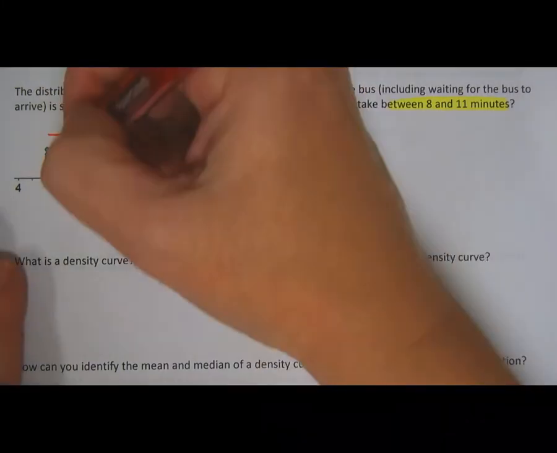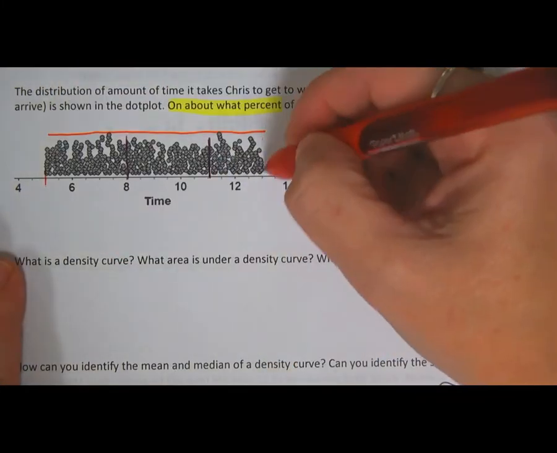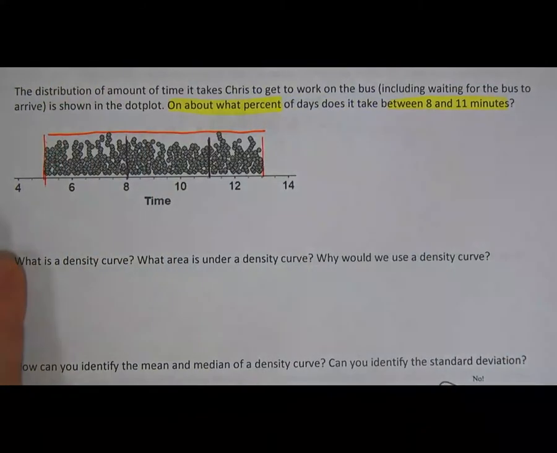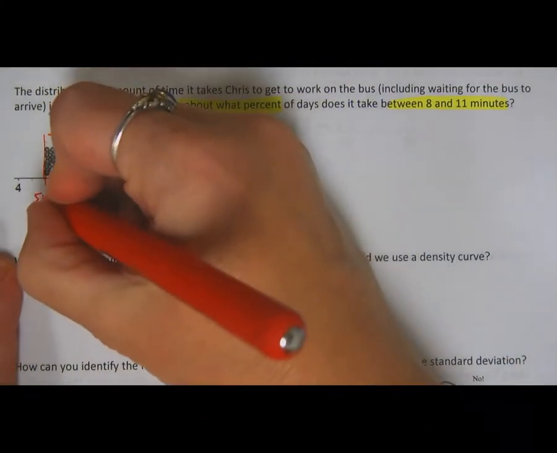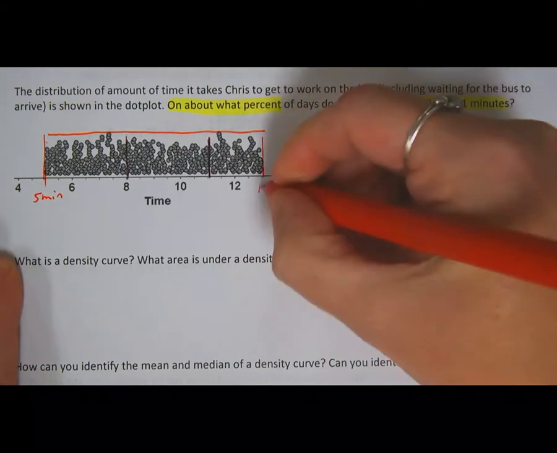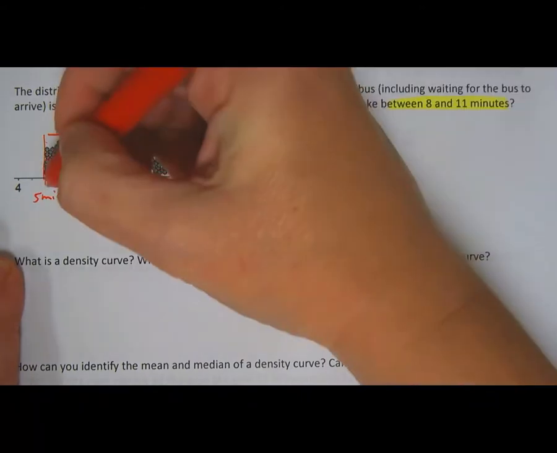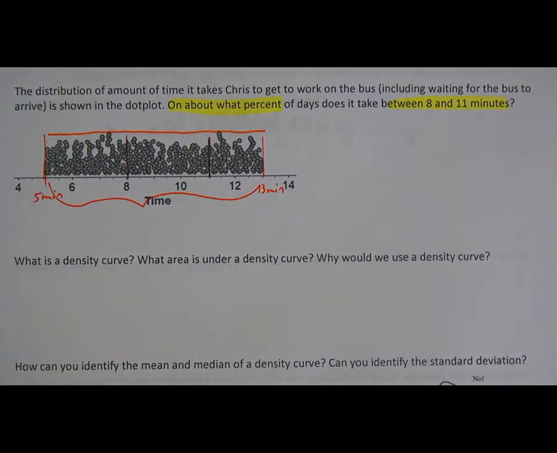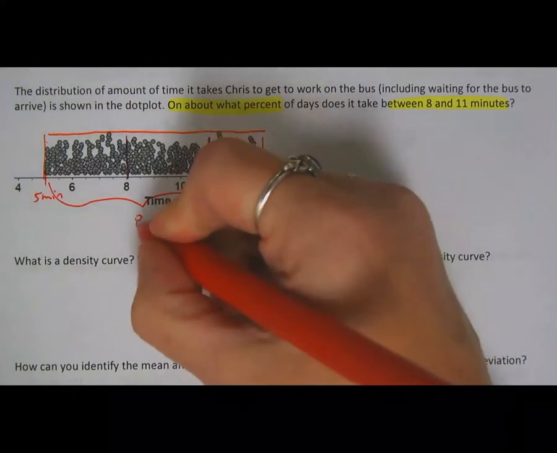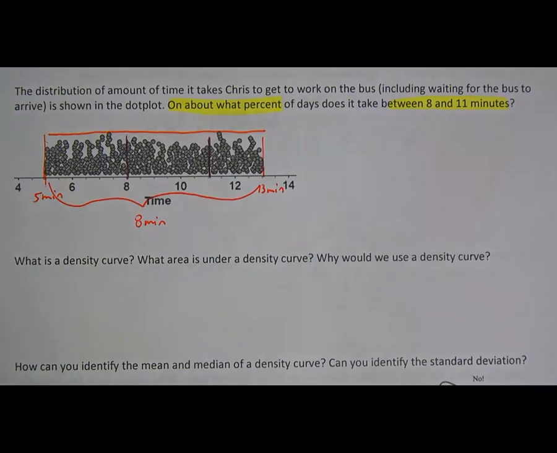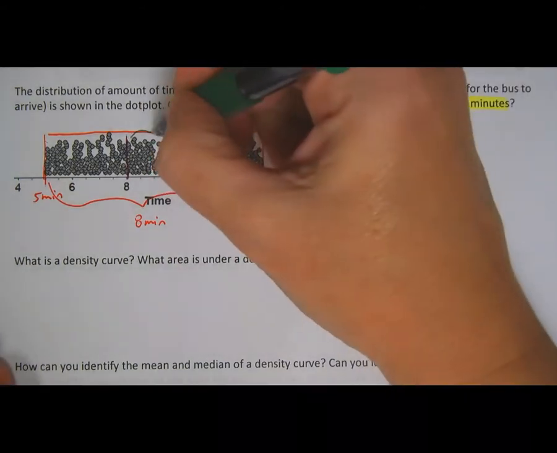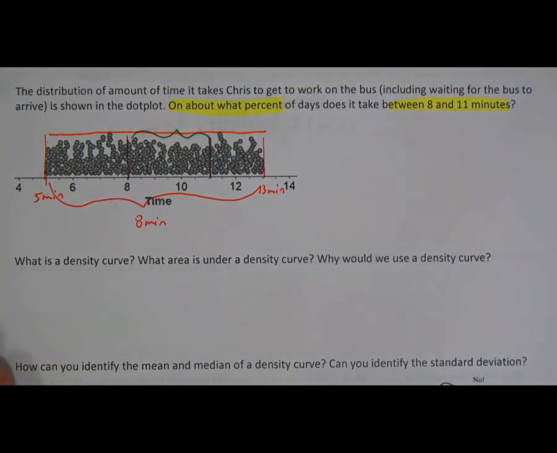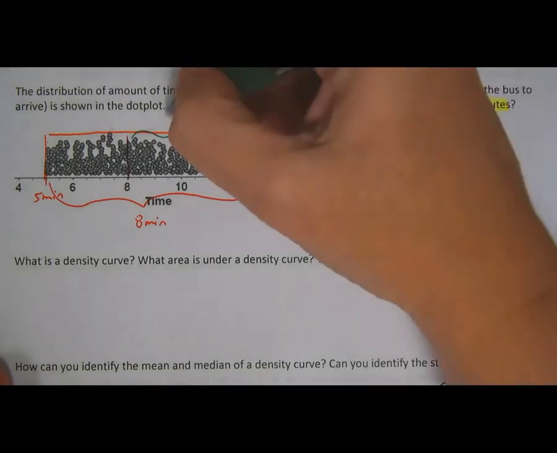But I can use these numbers on the axis to help me. The lowest commute time for Chris appears to be 5 minutes, and the highest appears to be 13 minutes. So, what's the range there? 8 minutes. But my area of interest is from 8 to 11 minutes, and what range does that have?